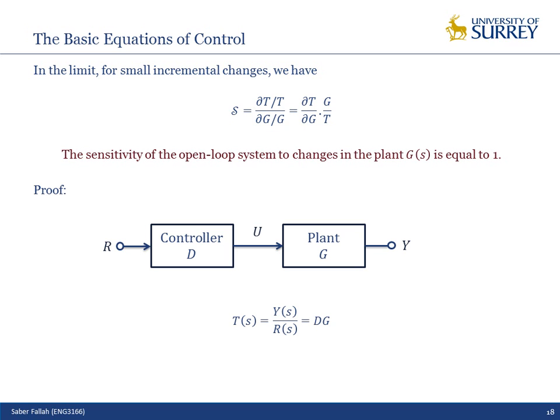Correct? So T(s), the system transfer function, Y(s) over R(s), will be DG. What's the differentiation of T with respect to G? I want to use this S, partial dT over dG multiplied by G over T. What's the dT over dG?